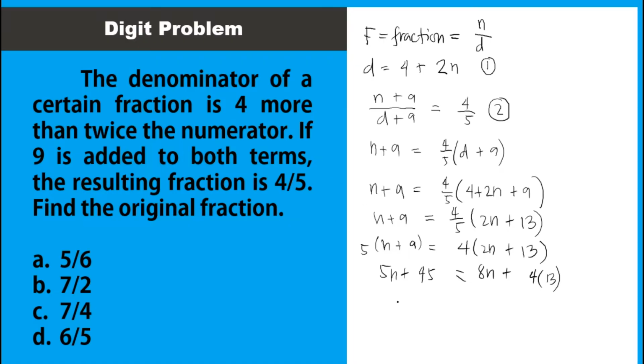You have 8n minus 5n, so 3n is equal to 45 minus 4 times 13.